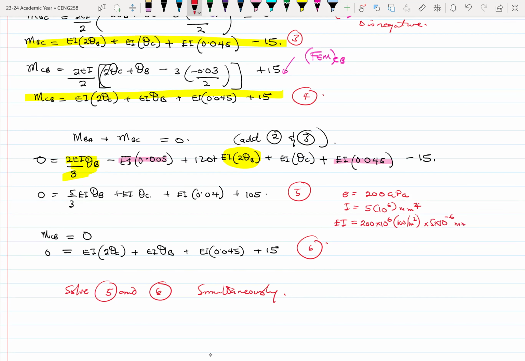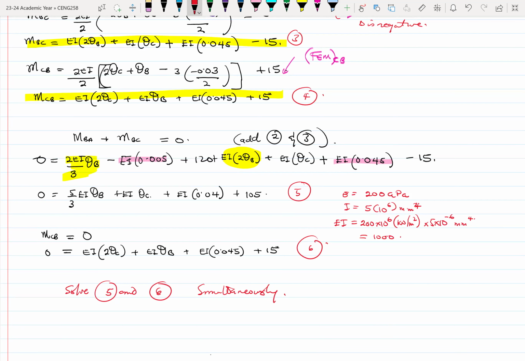This is millimeter 4, right? So in the end, it becomes 200 times 5. Yeah, it becomes 1,000. So EI is 1,000.